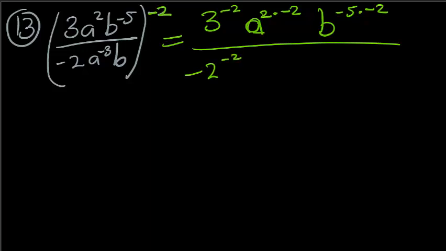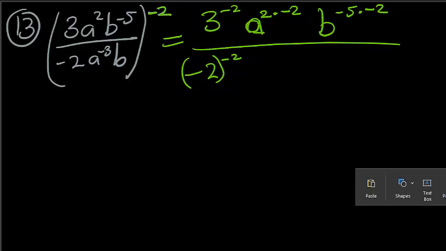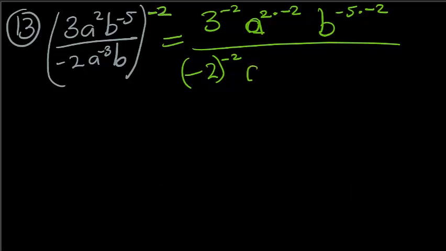Now it's important that you realize the minus sign is also to the exponent of minus 2. Then we are going to say a^(minus 3 times minus 2) and b^(1 times minus 2). Okay, this is one way of writing that.